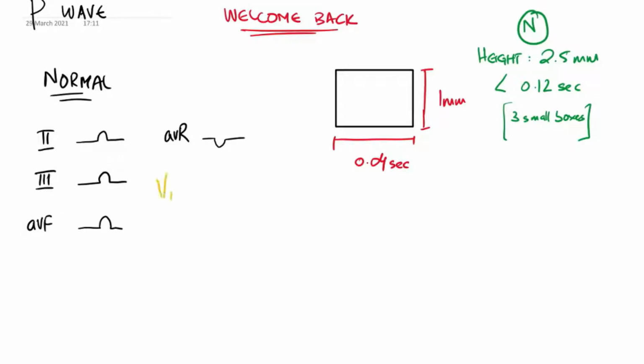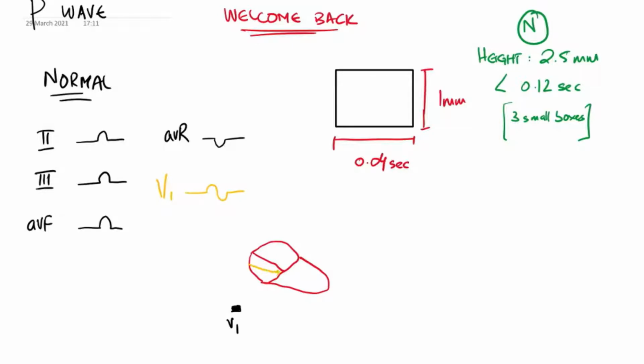In regards to a normal P wave in V1, it's going to be a biphasic P wave. We'll talk more about how this biphasic P wave is made. So I'm going to draw a heart right here with the atria and the ventricle, and the lead V1 right here. Let's divide it into the right atrium and the left atrium.